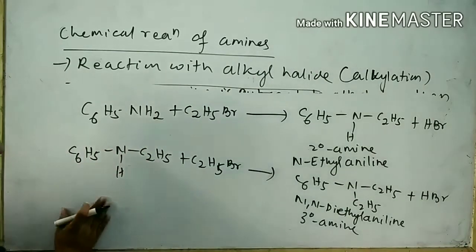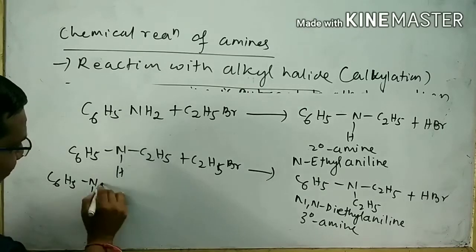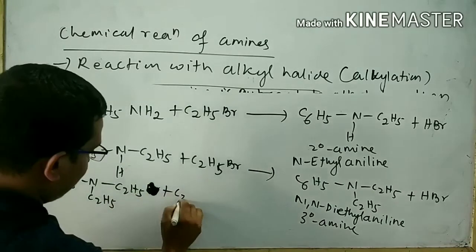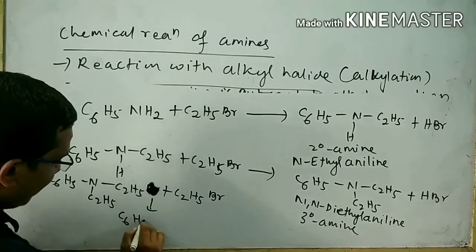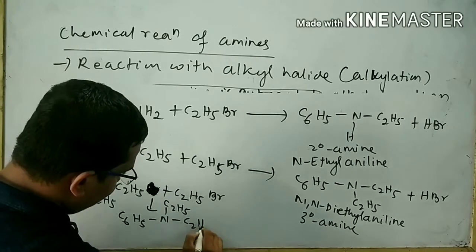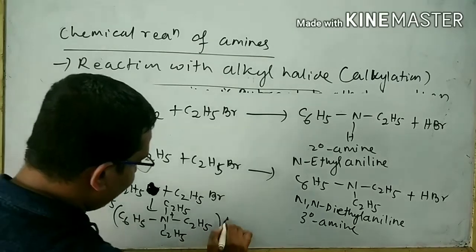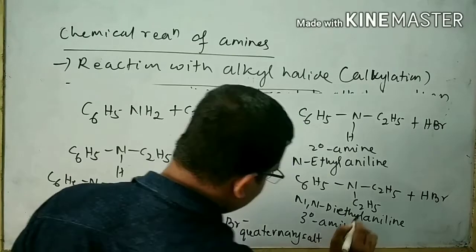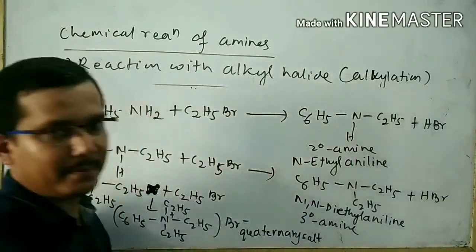Again, the 3-degree amine subjected to reaction with another ethyl bromide molecule gives a quaternary salt, that is C6H5-N+(C2H5)3 Br-. This is the quaternary salt. This is all about the alkylation of amines.